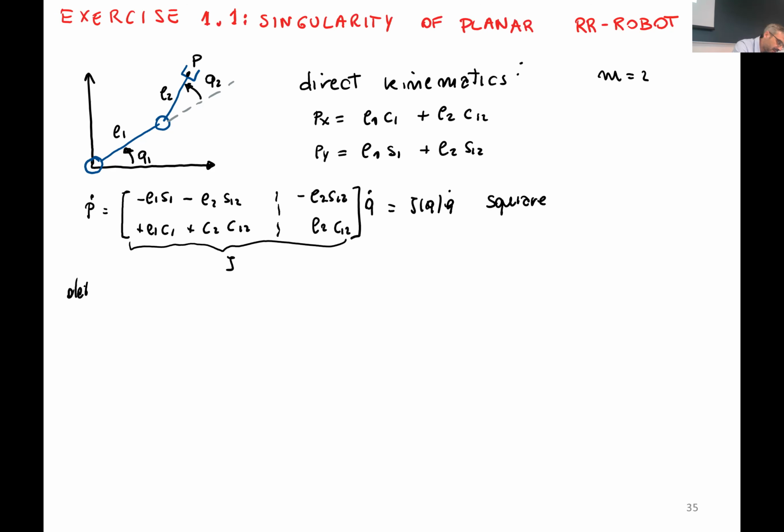If you compute the determinant, we get what?